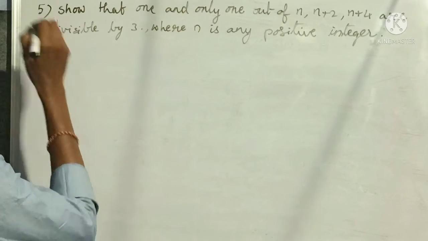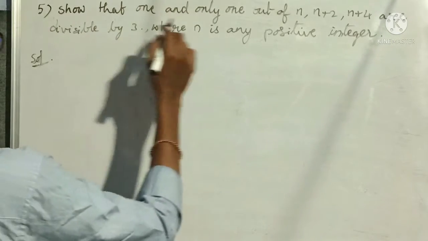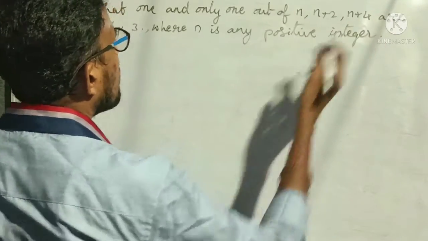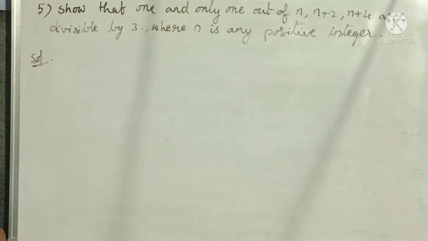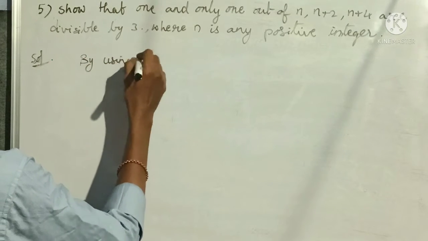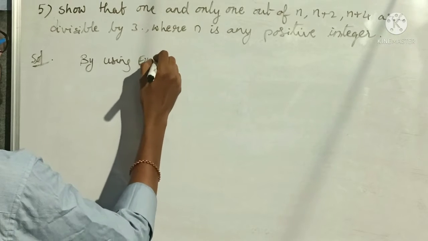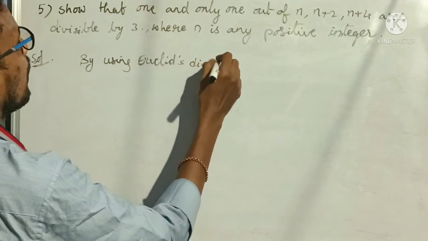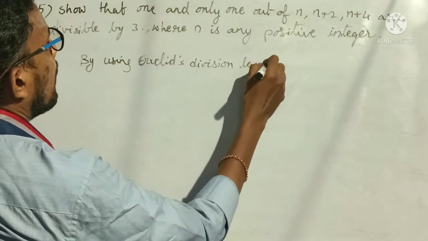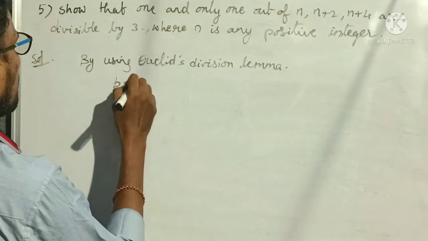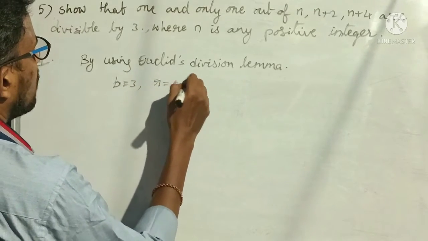Solution. Show that one and only one out of n, n plus 2, n plus 4 is divisible by 3. So here also we can use Euclid's division lemma, or Euclid's division algorithm. b is equal to 3, so r is equal to 0, 1, 2.